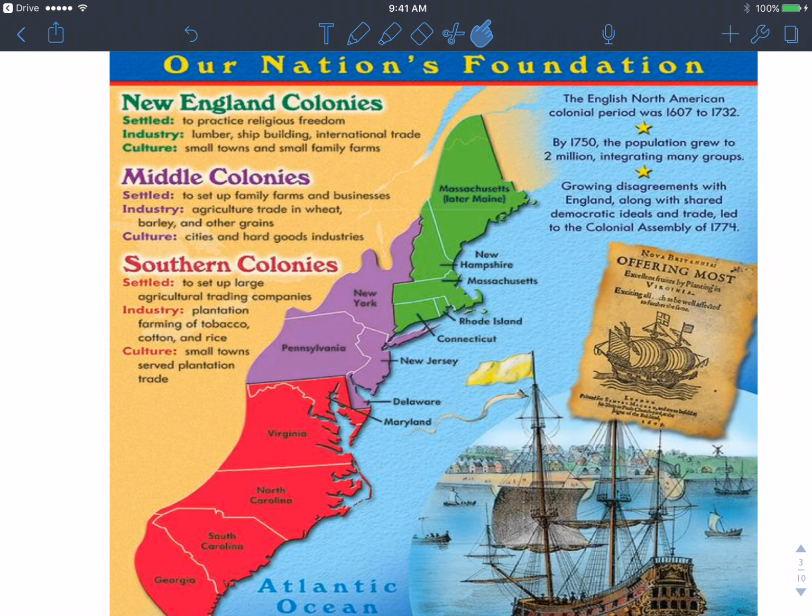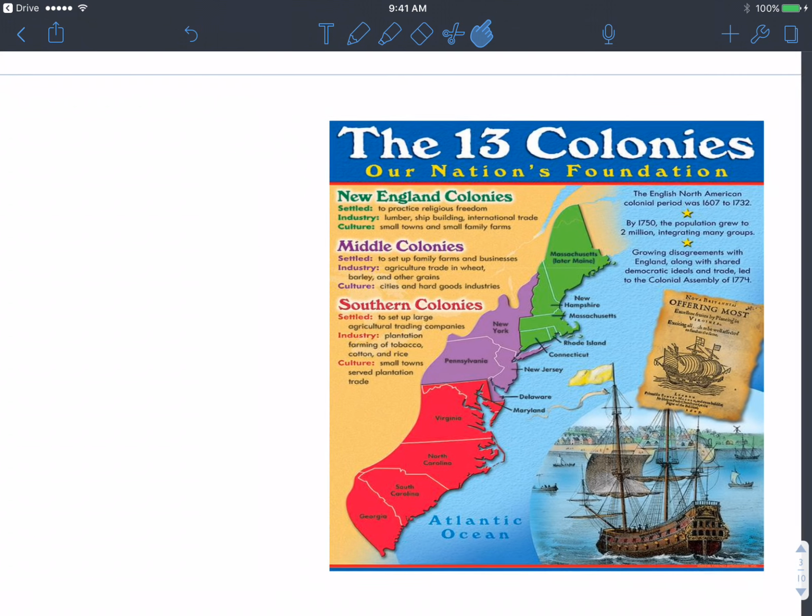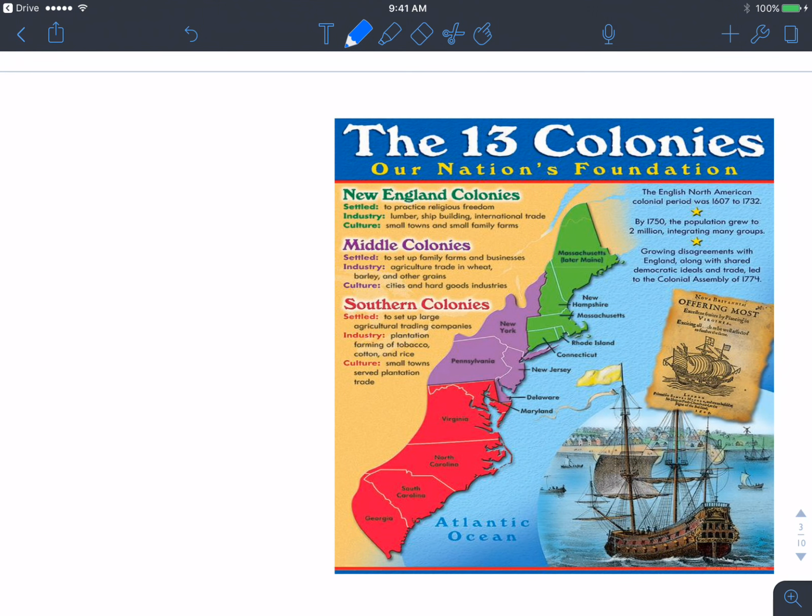Just really quickly, we did some work looking at the New England colonies, the middle colonies, the southern colonies. And just to rehash, in the New England colonies, we had New England town meetings.